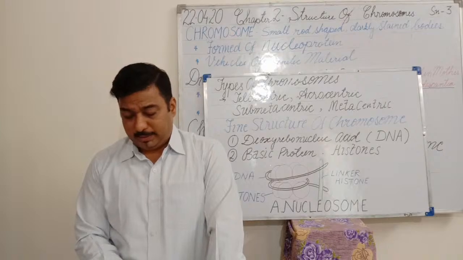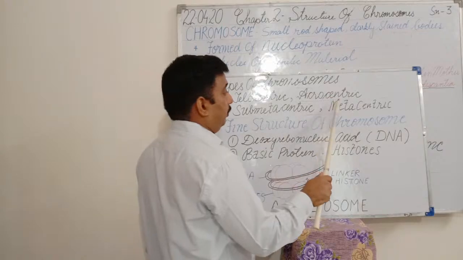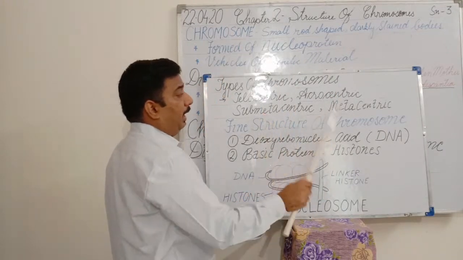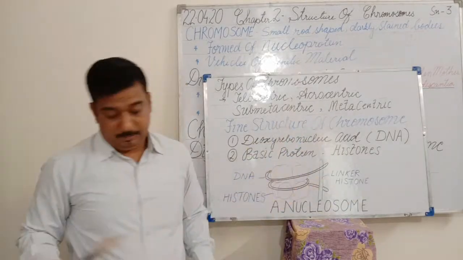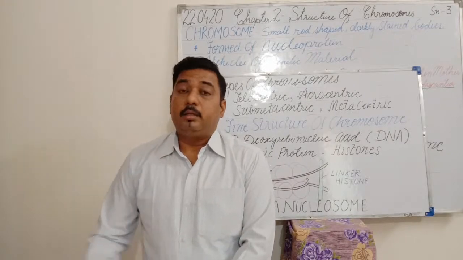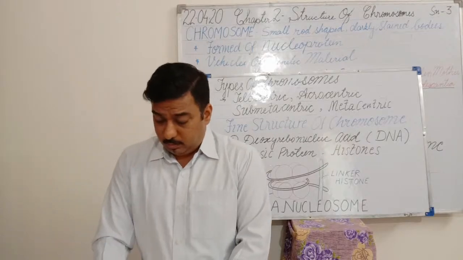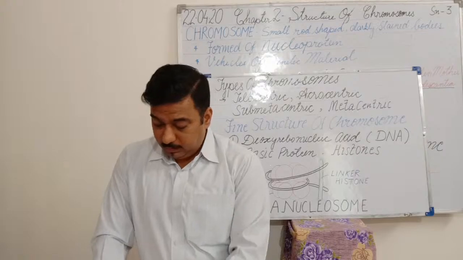The first one is telocentric, the second is acrocentric, the third is submetacentric, and the fourth is metacentric. So what is telocentric? Telocentric chromosomes are rod-shaped with the centromere occupying a terminal position.